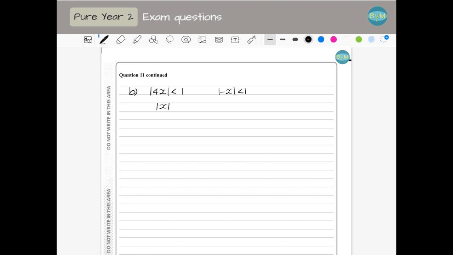And in this case, this means that the absolute value of x must be smaller than 1/4. Smaller than 1/4 and smaller than 1 is smaller than 1/4. And 1/2 is not smaller than 1/4, which means the expansion is not valid. Yeah, so I cannot use that value. Expansion is not valid.